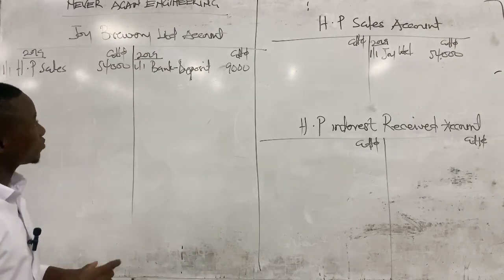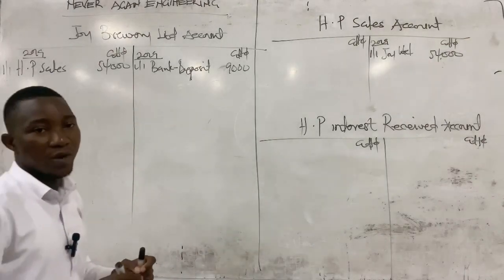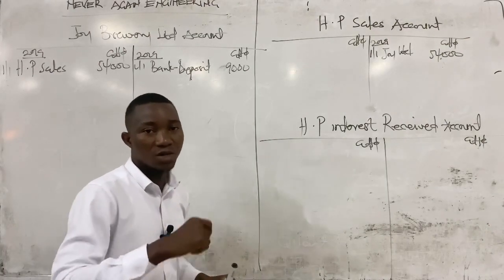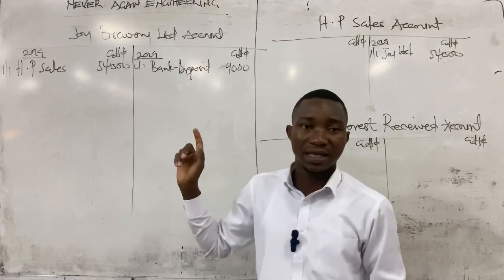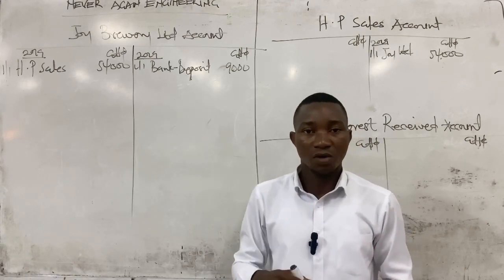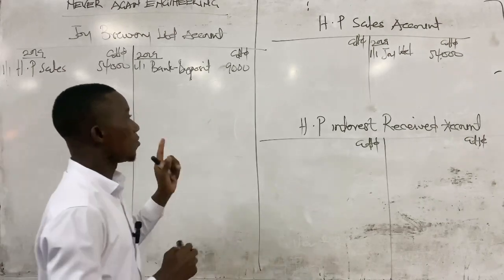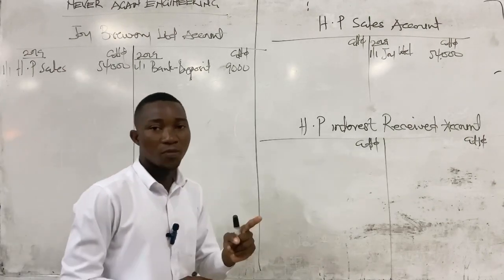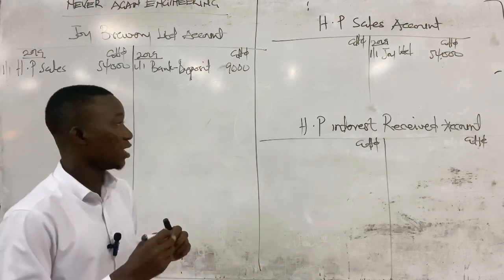And remember that at the close of every period, we need to calculate interest on the remaining balance on Joe Limited account, that is the debtor's account. Interest is calculated at the end of the year. Remember, an annual installment is made, but this installment is also made at the end of the year.